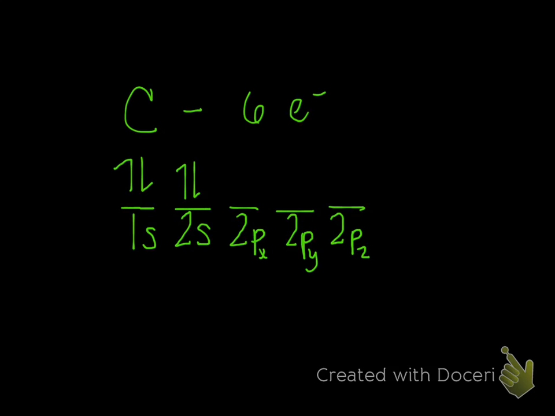Now we only have 2 electrons left, and it might be tempting to try to put them both into that 2px orbital, but if we think back to Hund's rule, we know that no one wants a roommate unless they have to. So we'll put 1 electron in the 2px and 1 in the 2py. Okay, that's not so hard. That is the correct orbital notation to show an atom, carbon, with 6 electrons.